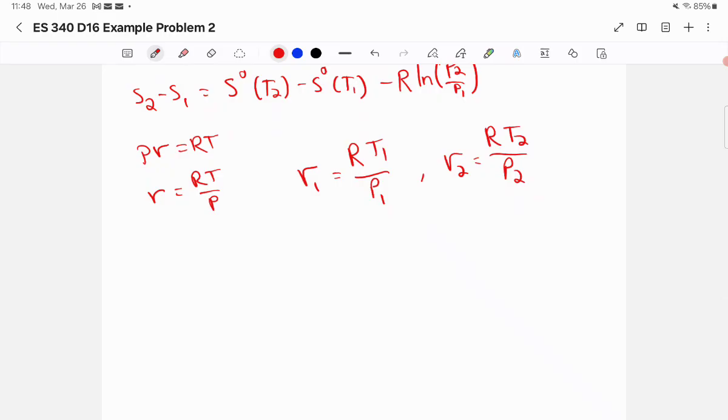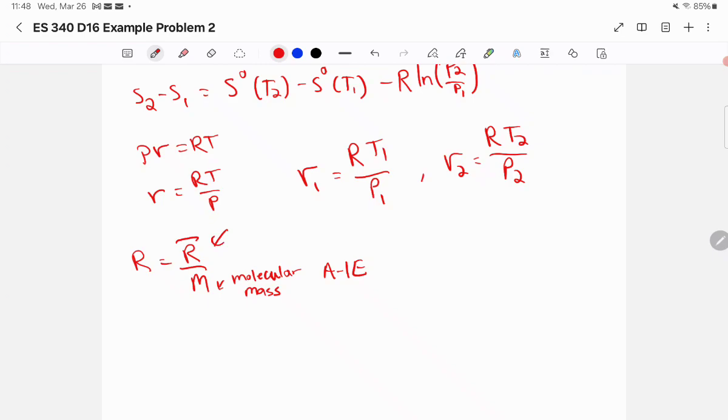The probably in some ways the most convenient term to use for R. Remember, R is equal to R bar over capital M, where this is the molecular mass. And this comes from table A1E.